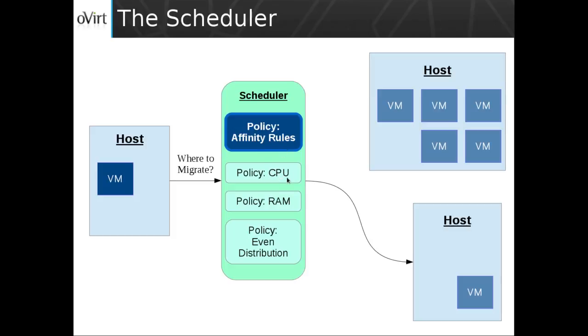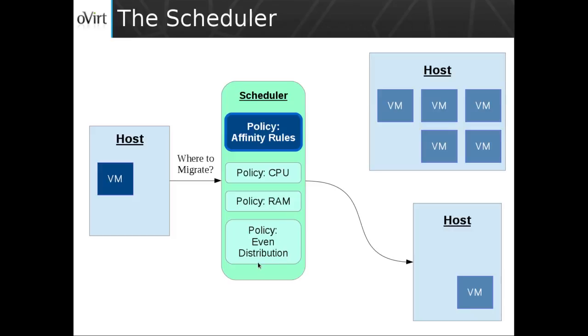You have the CPU policy, which is basically a policy that filters hosts based on their CPU. For example, if you have a VM that has two virtual CPUs, then you have to use a host that also has at least two CPUs. That's what this policy does. The same thing goes for RAM. When you run a VM, you want to make sure that the host you migrate to has enough RAM to run the VM.